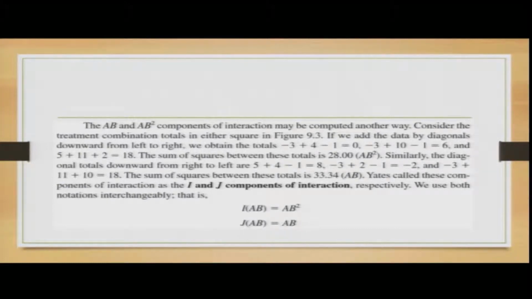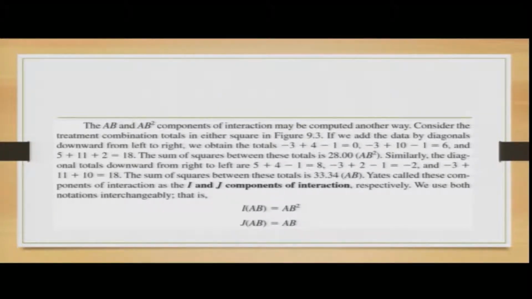The AB and AB square components of interaction may be computed another way. Consider the treatment combination totals in each square in figure 9.3. If we add the data by the diagonals downwards from left to right, we obtain the totals given as 6, and 18. The sum of the squares between the totals is given as 28.00.